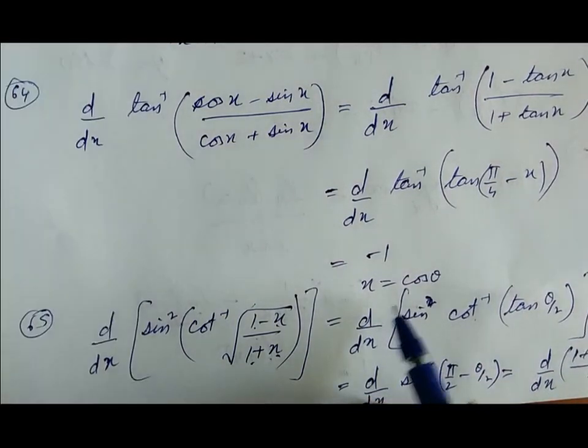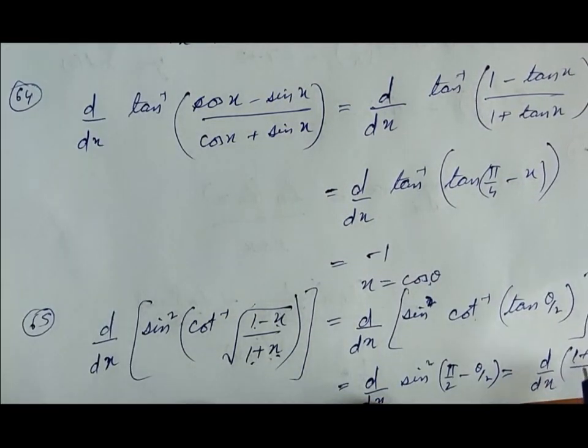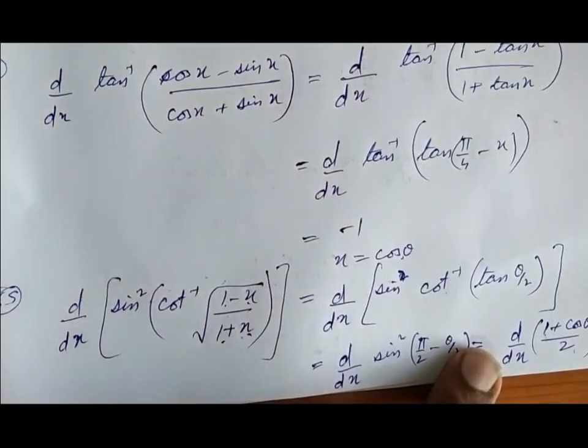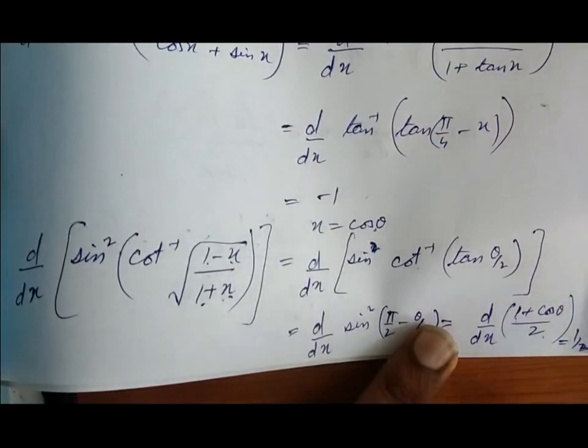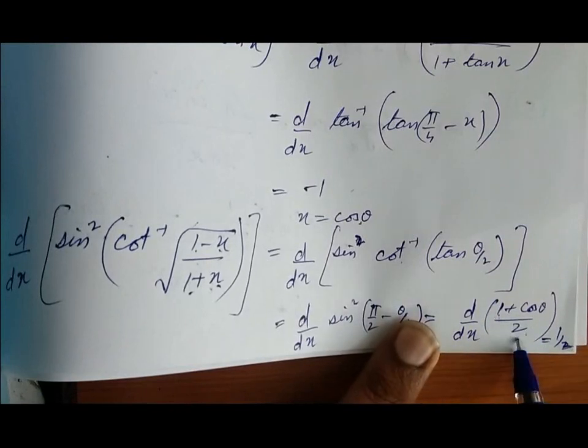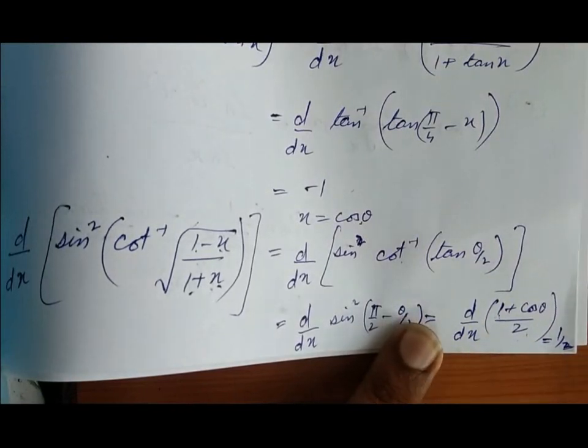Substituting cos theta equal to x, the differentiation of (1 plus x) upon 2 with respect to x will be equal to half.